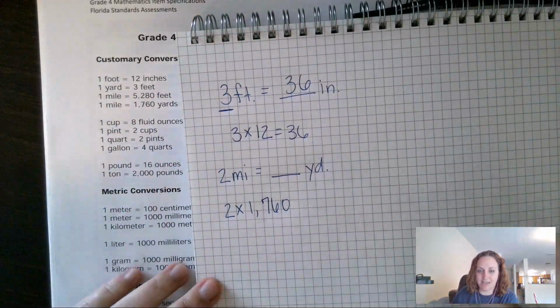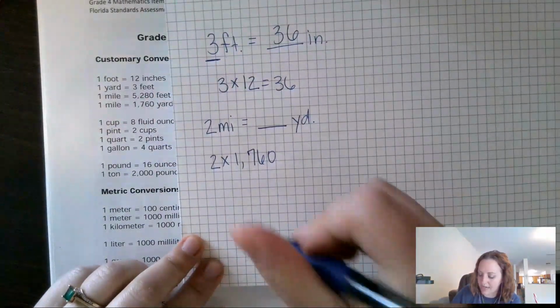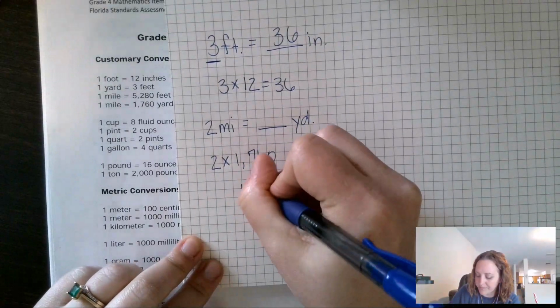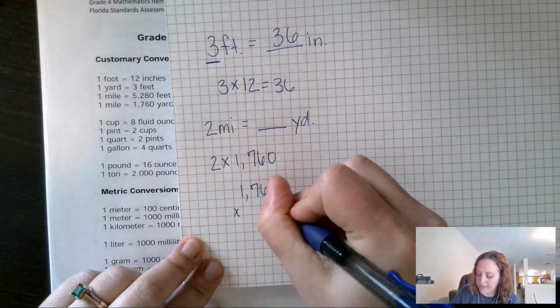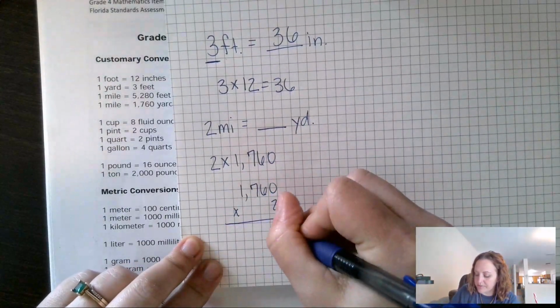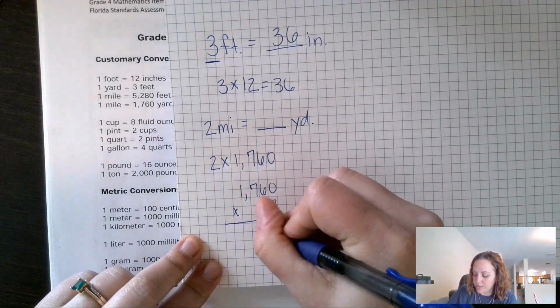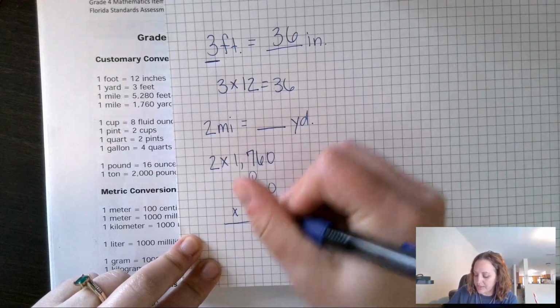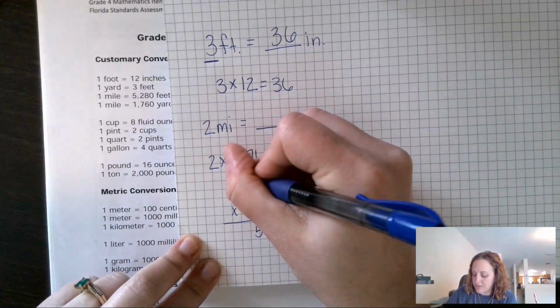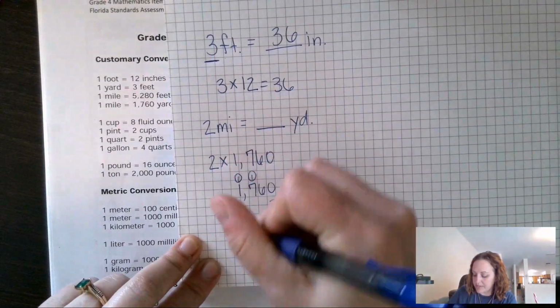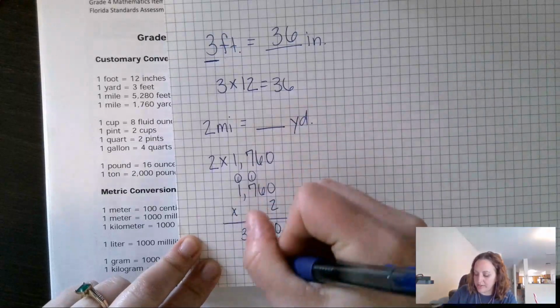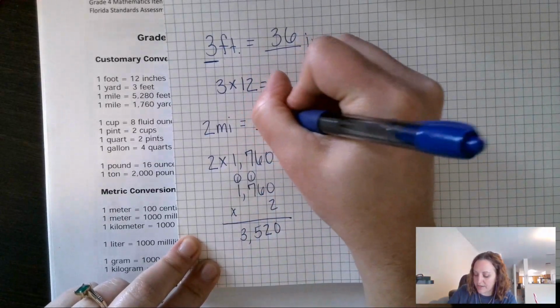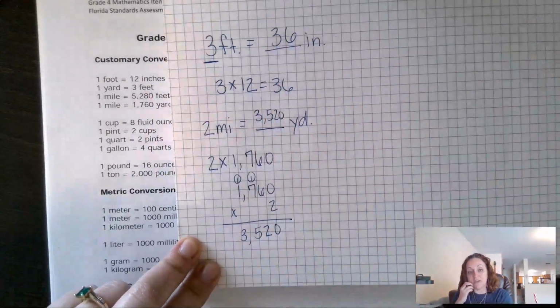Well, I'm going to stack that because I don't know how to do that without stacking it, right? That's a little tricky. So I'm going to multiply that times 2. 2 times 0 is 0. 2 times 6 is 12. Regroup my 1. 2 times 7 is 14, plus 1 is 15. 2 times 1 is 2, plus 1 is 3. So 2 miles is the same thing as 3,520 yards.